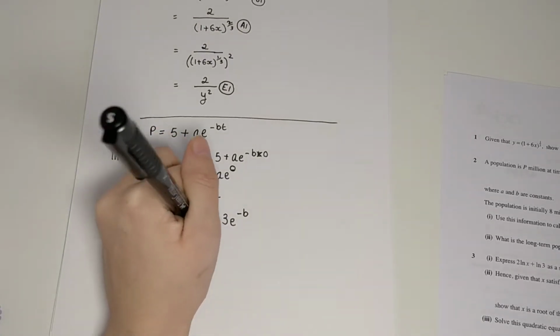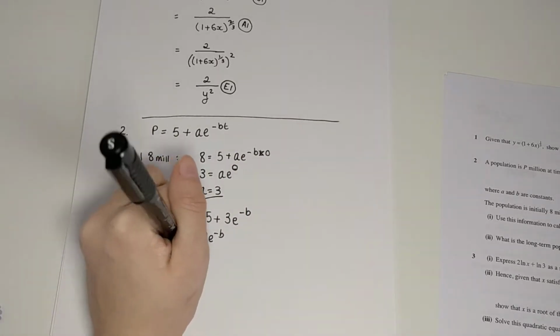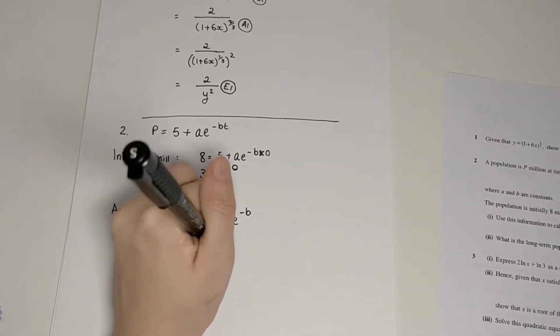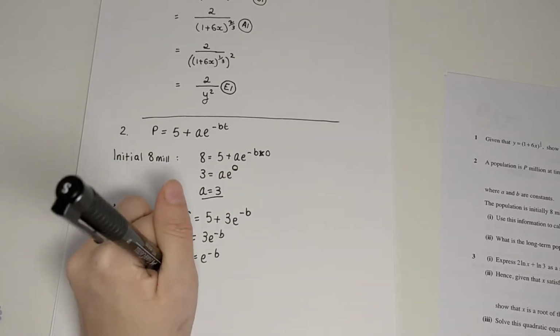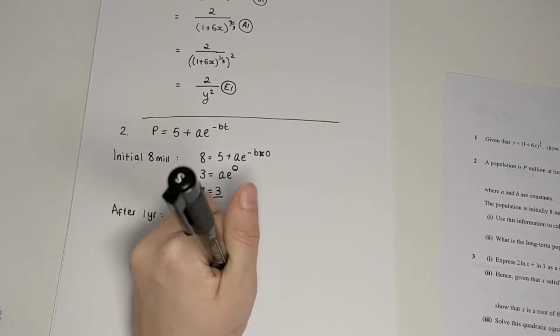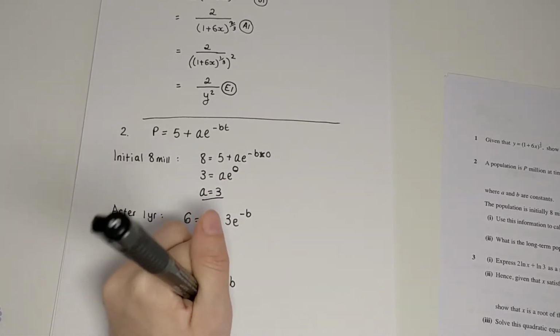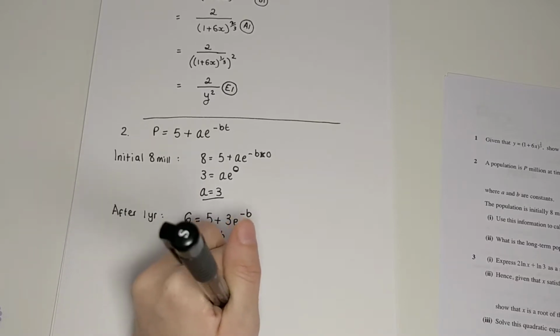Take away the 5. Divide by the 3. So log of a third is going to equal minus b. So b equals minus log of a third.